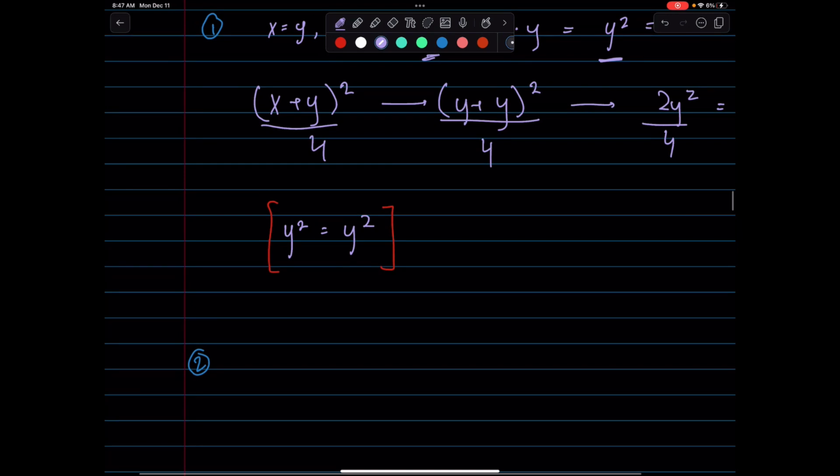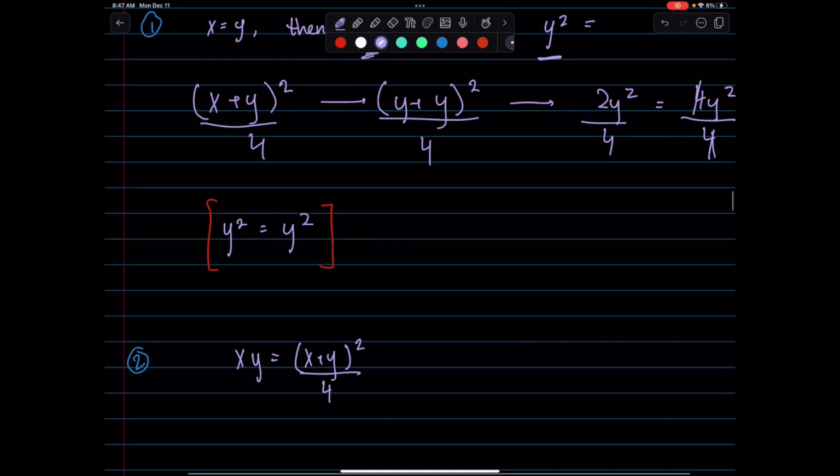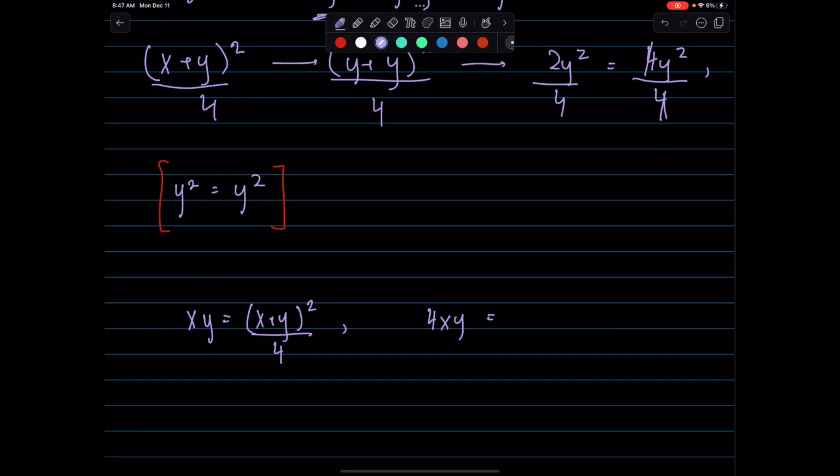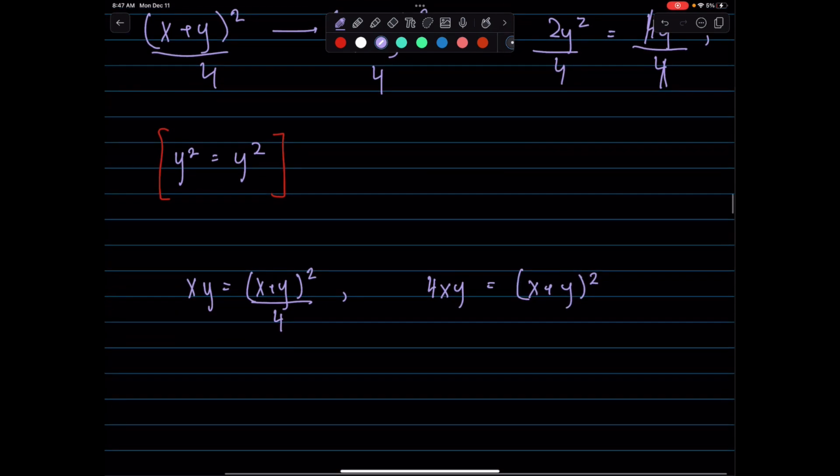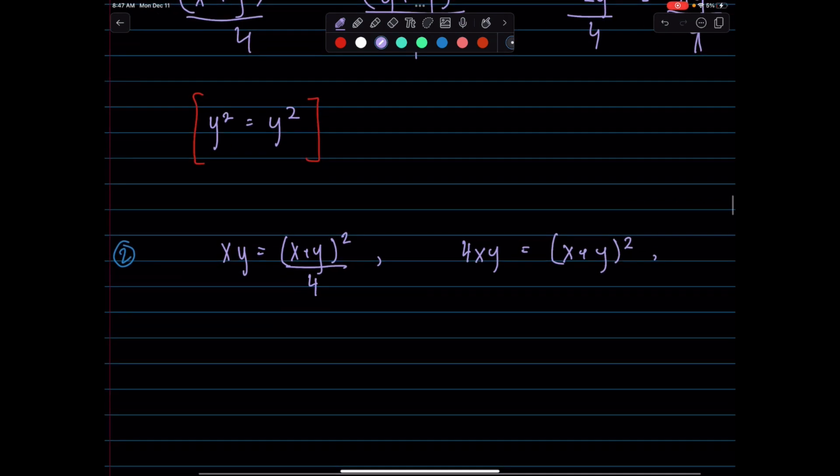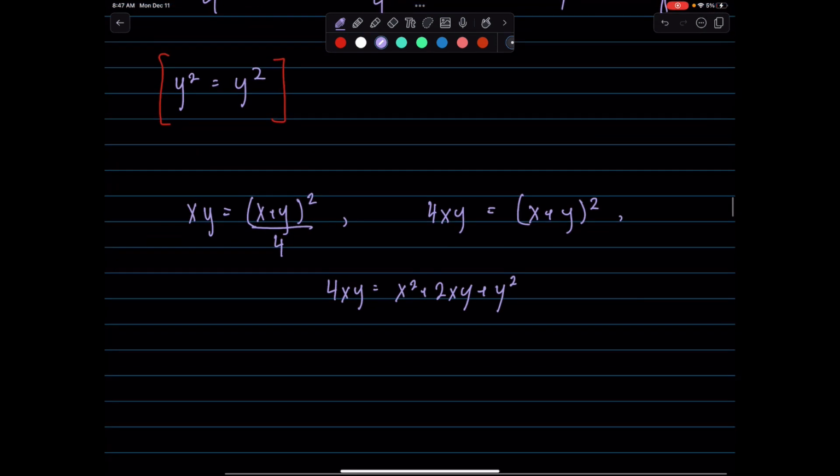Alright, so xy equals (x plus y) squared over 4. So 4xy equals (x plus y) squared. You square x plus y, you would get this, right, that's what you get on that side.